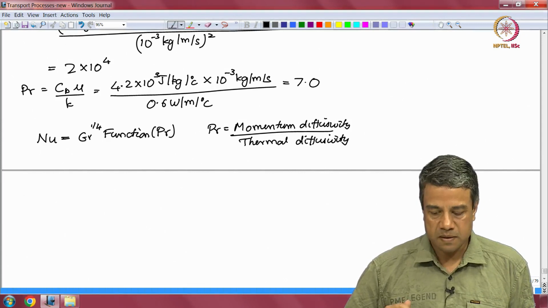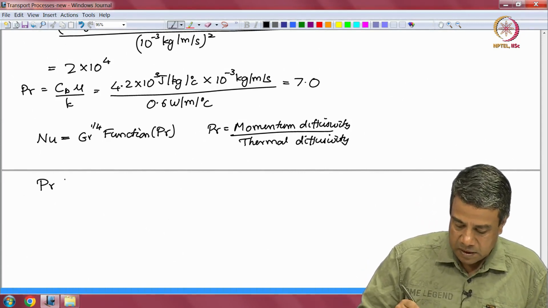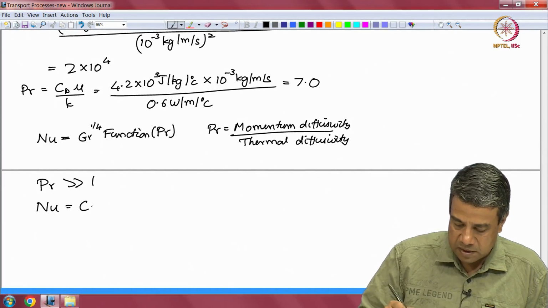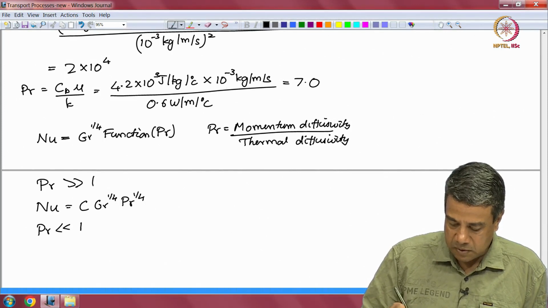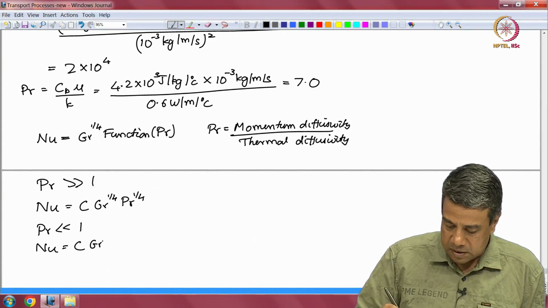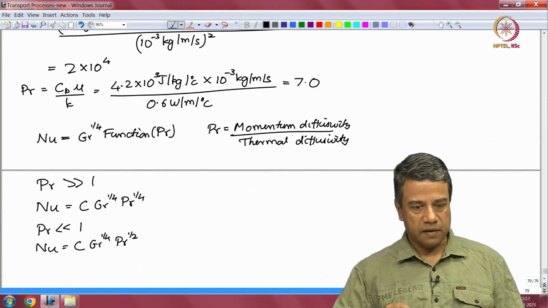So, you can get more specific forms of the correlations in the two limits. For Prandtl number much larger than 1, it can be shown that Nusselt number is equal to some constant, Grashof number power 1/4, Prandtl number power 1/4, and for Prandtl number much smaller than 1, Nusselt number is equal to some constant Grashof power 1/4, Prandtl power half. Okay. This can be derived analytically.